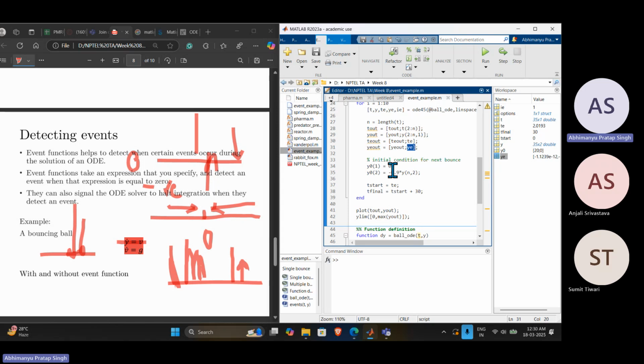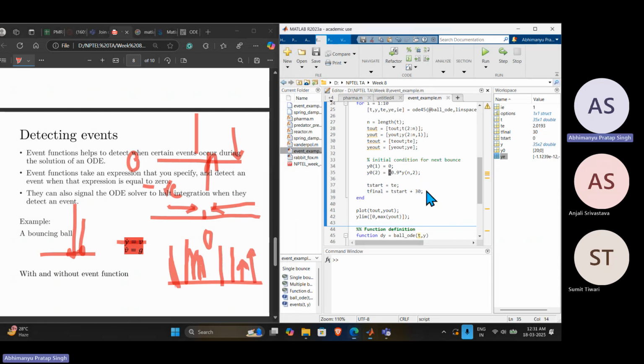Now what I'm doing after every drop of the ball is that I'm changing this initial condition. So I'm changing the first element to 0, that is the height to be 0, and I'm changing my velocity to whatever velocity the ball touched the ground with. I am taking 0.9 times of that velocity, and I am inputting that as my next initial condition. And I'm taking a negation of that because the velocity will be in the upward direction for the further upward motion, right?